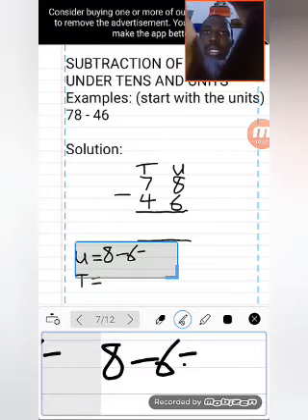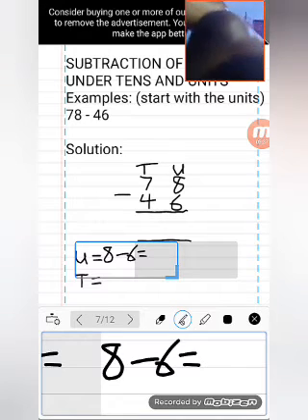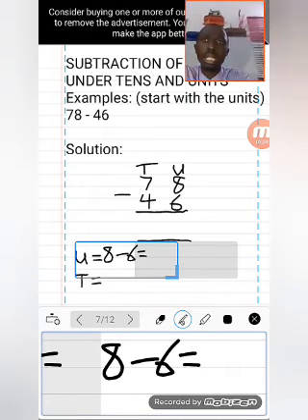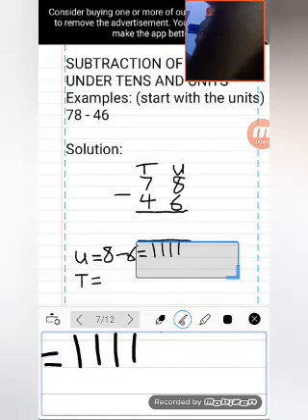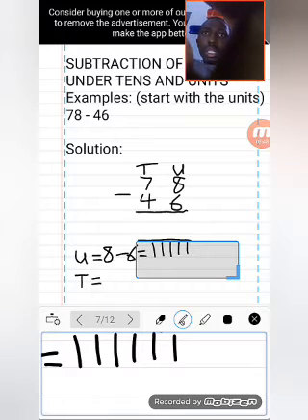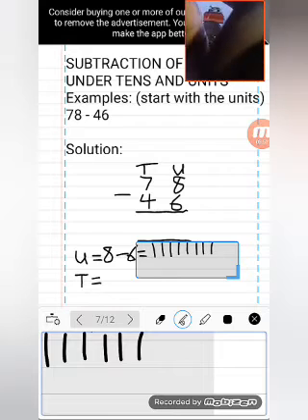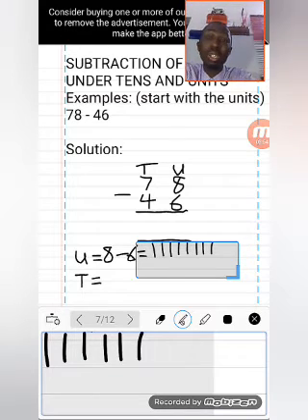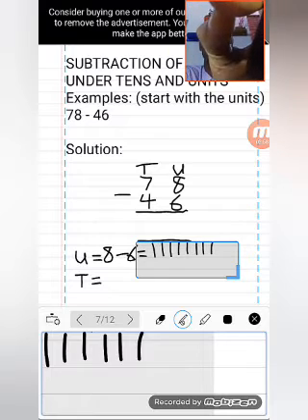It means counting 8, then taking away 6. Let's start. 1, 2, 3, 4, 5, 6, 7, 8. Good. Now let's minus 6 by counting the 6 in one direction, and counting the remainder in the opposite direction.